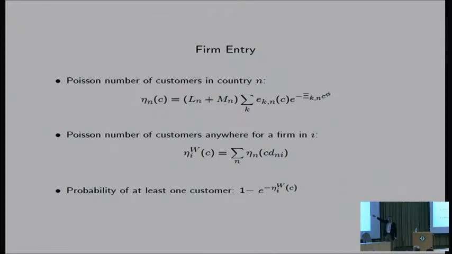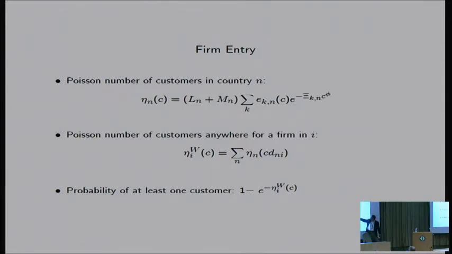It has all the potential firms, the Mn is the number of firms who are operating in country N. And then it can encounter any of them, and it will be the low cost with that probability e to the minus I C to the phi, because that's the probability that everybody else that that customer sees has a higher cost than the firm that we're talking about whose cost is C. And so that gives the Poisson number of customers in country N. Now you go around the world and say, well, it could be selling anywhere.